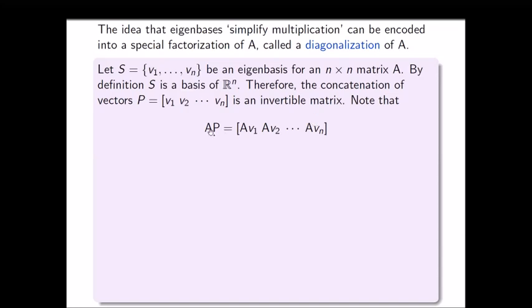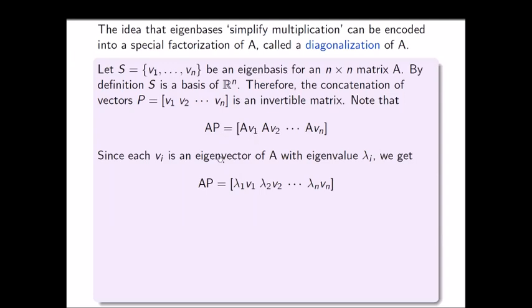If we take the product of A and P, it's going to be just the concatenation of the vectors Av1, Av2, and so on till Avn. And this actually happens in general. If you multiply any two matrices, the resulting matrix is made up of columns, where each column is the product of the matrix on the left and a column of the matrix on the right.